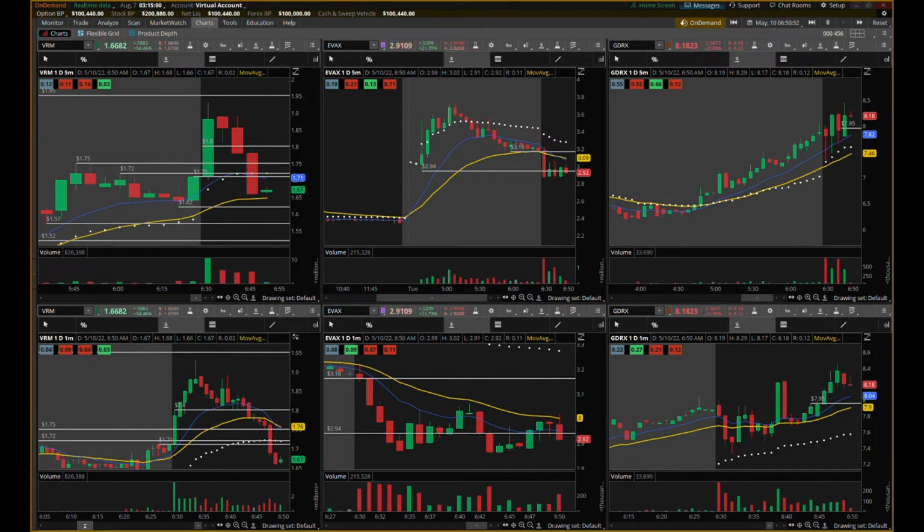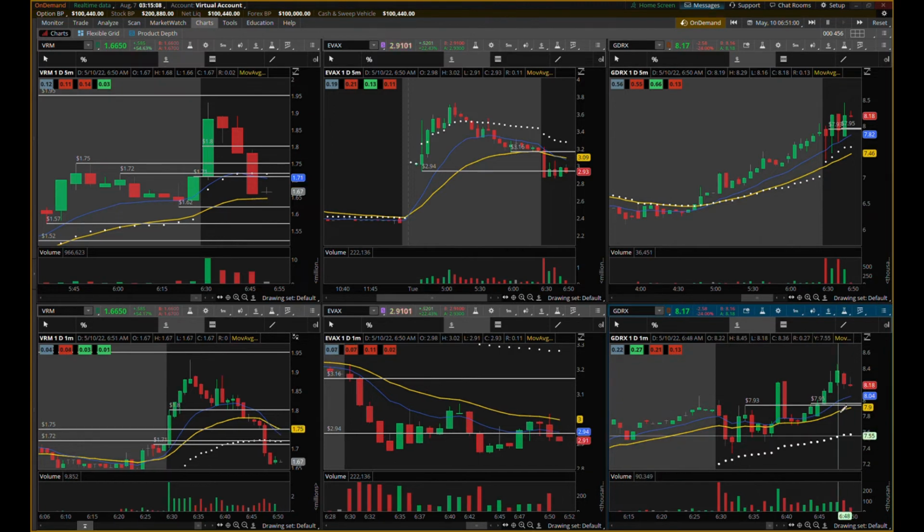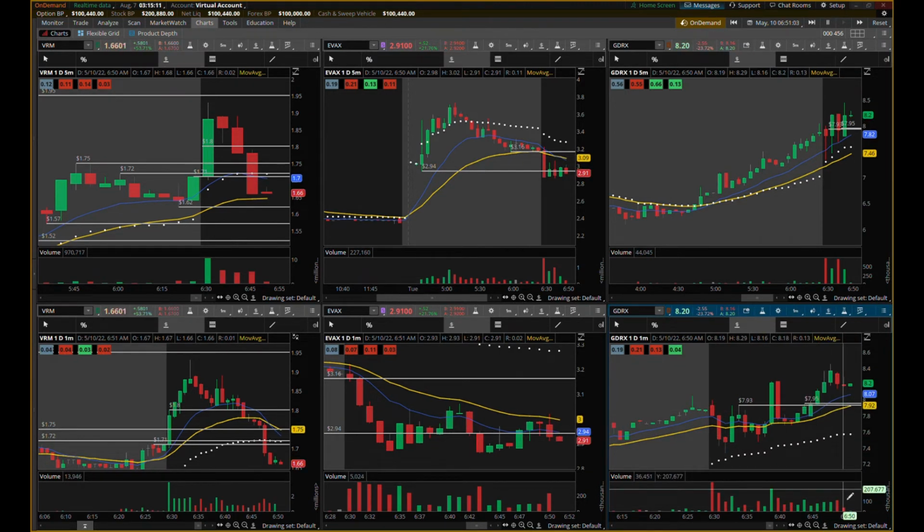So it's 6:50. That's a brand new 5-minute candle forming right now. There was that. That's kind of right around that same area. So we've got a double support. You've got $8. You've got the EMA here. Definitely going to keep a line right there.